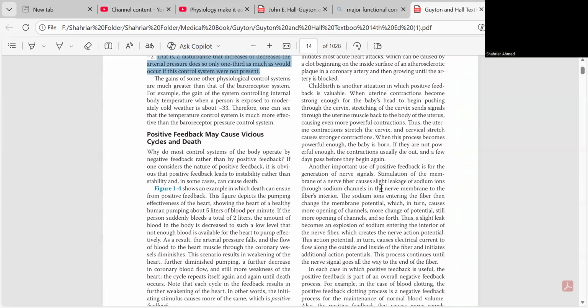So the homeostasis controlling system is controlled by two systems, one negative and another positive feedback system. So now we'll discuss the positive feedback system. Positive feedback causes vicious cycle and death.